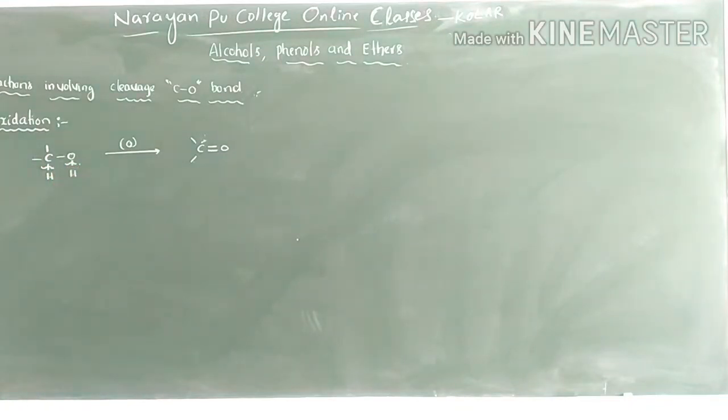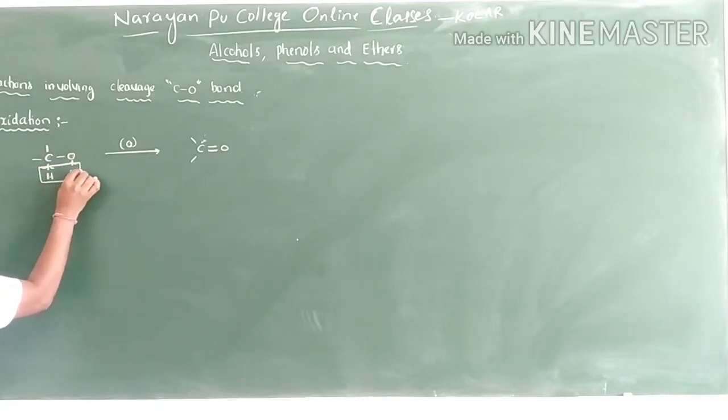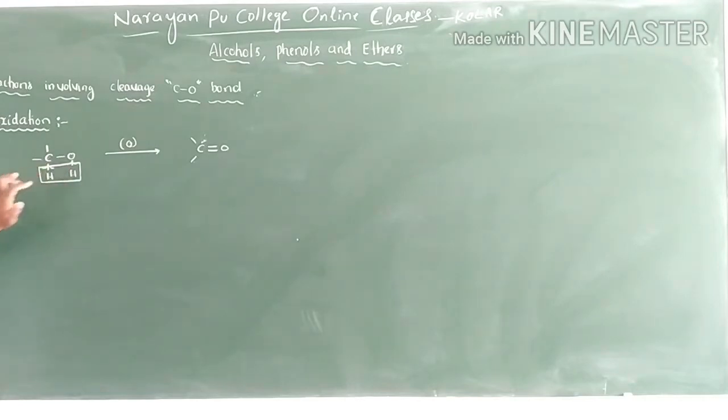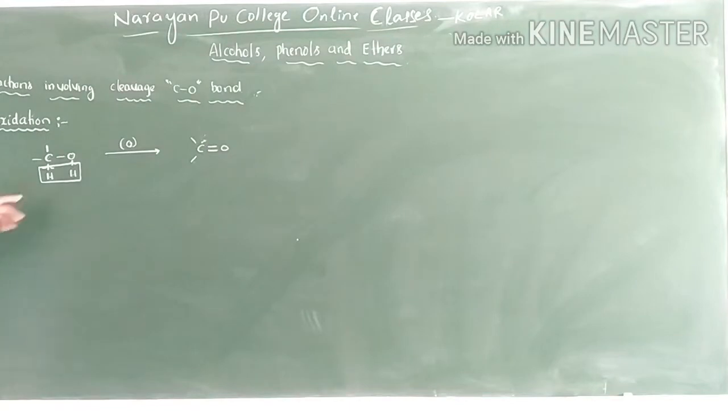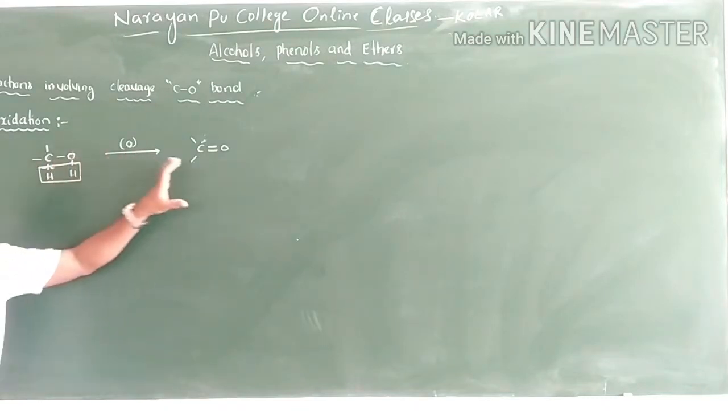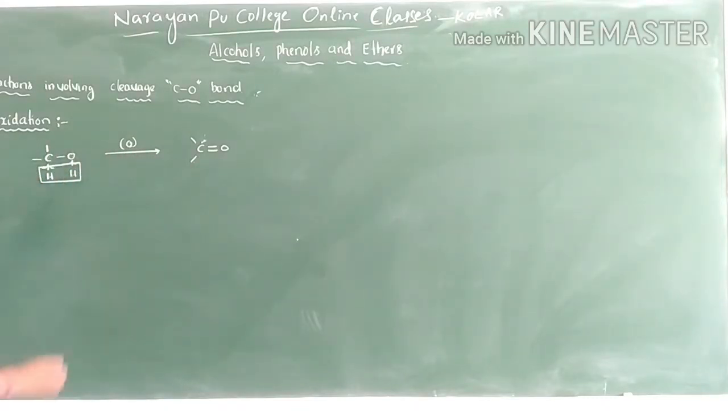Simply remove the hydrogen from the carbon and the hydrogen from the oxygen. Removing these two is breaking the CH bond and OH bond. Then what you get here is C double bond O.